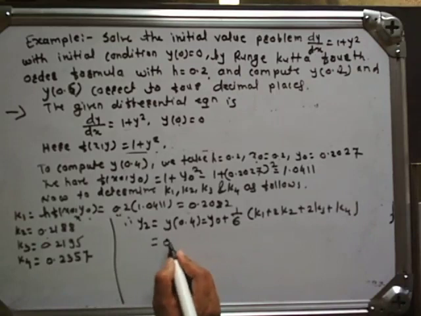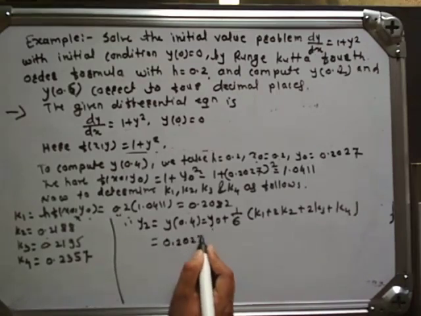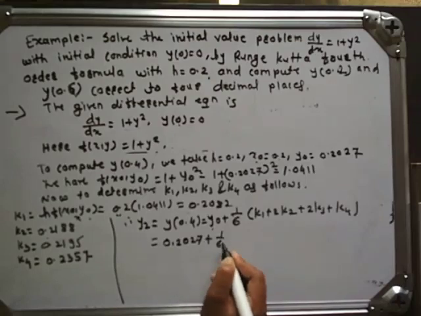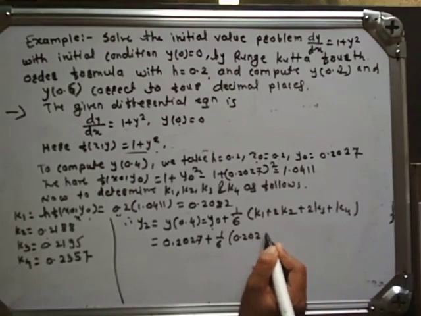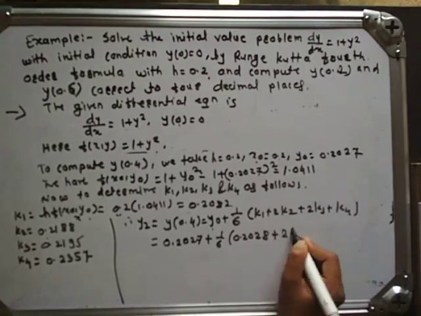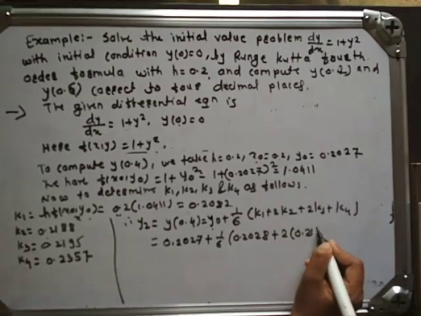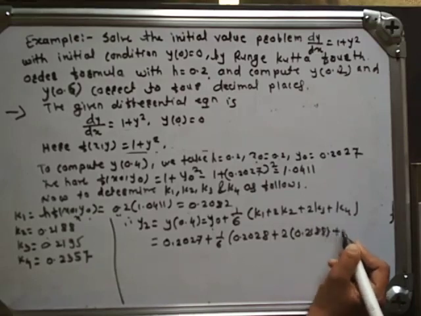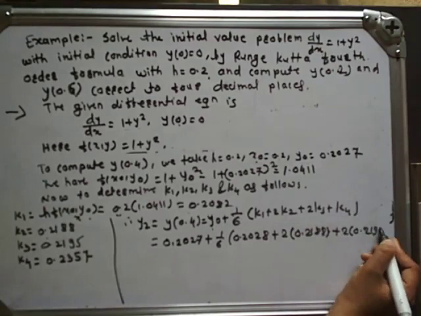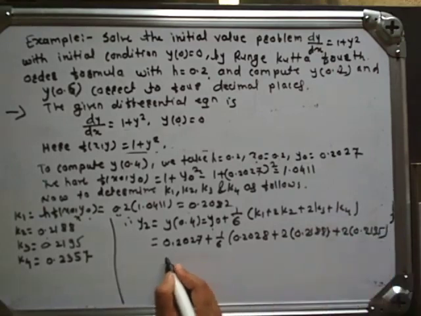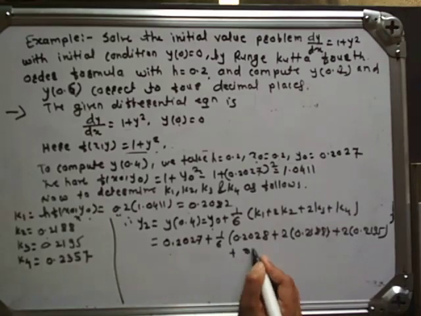What is y0? y0 is 0.2027 plus 1 by 6 into 0.2082 plus 2 into 0.2188 plus 2 into 0.2195 plus 0.2357.